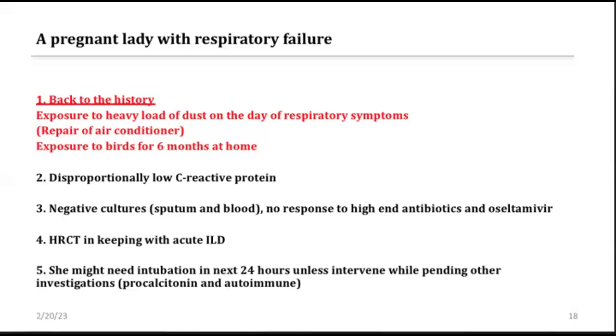Also, on the day she developed respiratory symptoms, she started a distressing cough. She had been exposed to a heavy load of dust. In the working room, the AC machine was broken for a period and it was repaired, which resulted in release of a heavy load of dust, and she stayed in that room for hours and then started coughing. So this suggested some sort of inflammatory response to the dust.